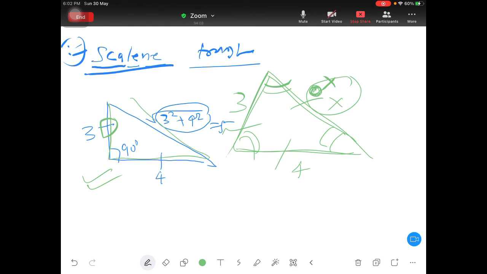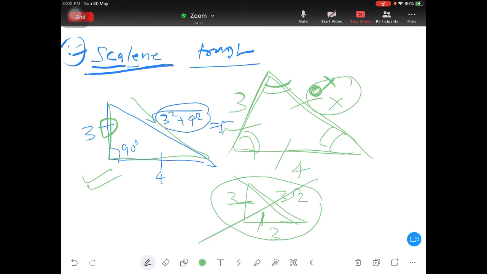So a right angle triangle can be an example of a scalene triangle, but not every right angle triangle. If I give you one like this, with 3 here and 3 here, then this will be 3 root 2. In this case these two are the same, so this is not an example of a scalene triangle. Are you understanding? Very good. So this is a scalene triangle.